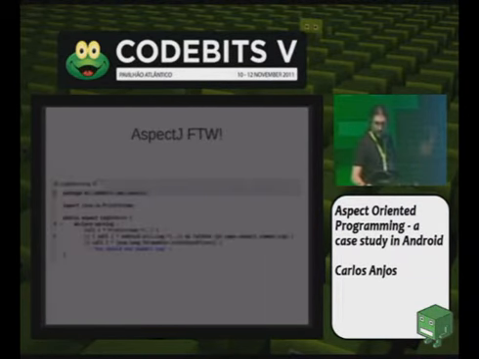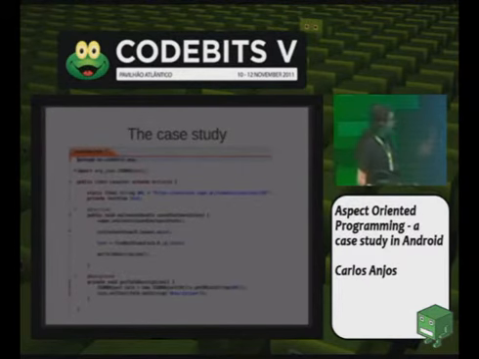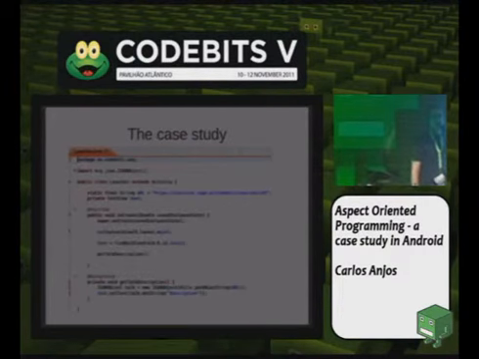So going back a little, this is our example code. We wanted to do this on a background thread. And I've used an annotation just to say this should run on a background thread.